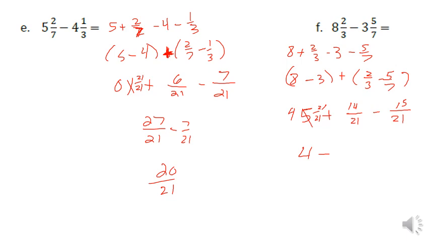That becomes 4, and now this is 21 21sts, so now I got 4 plus 35 21sts minus 15 21sts, which gives me 4 plus 20 21sts, so our answer is 4 and 20 21sts.